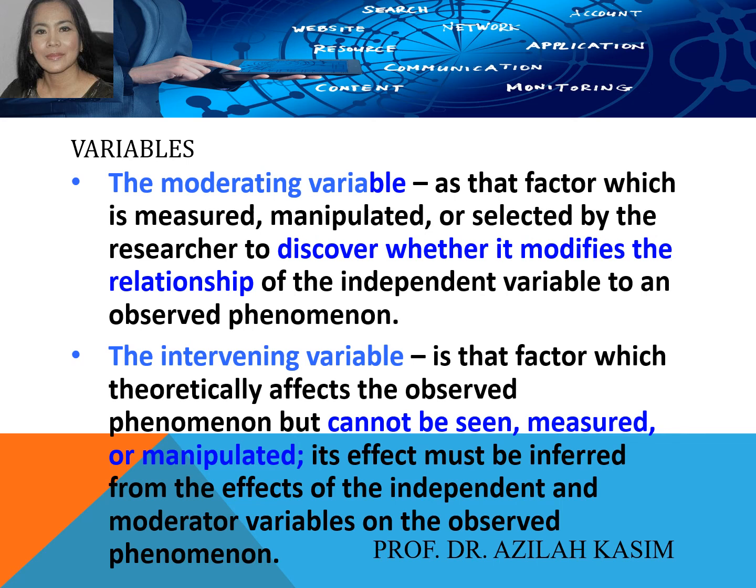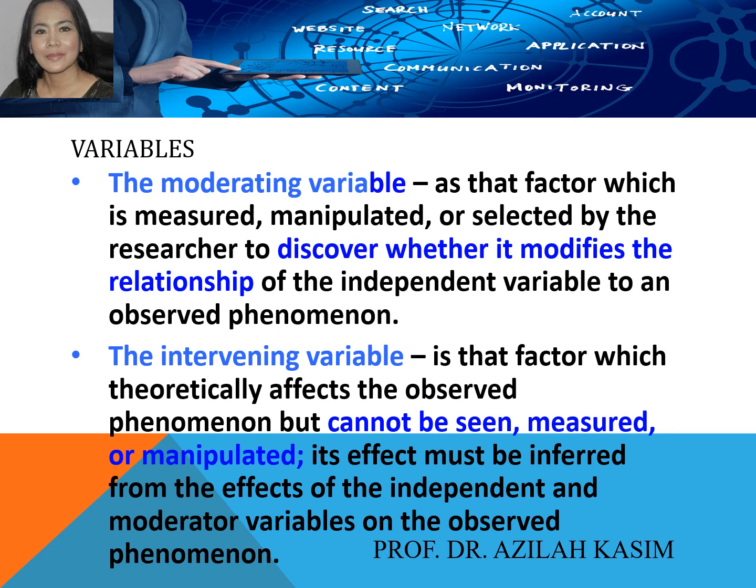The intervening variable is a factor which theoretically affects the observed phenomenon but cannot be seen, measured, or manipulated. Its effects must be inferred from the effects of the independent and moderating variables on the observed phenomenon. So an intervening variable is more difficult to measure.